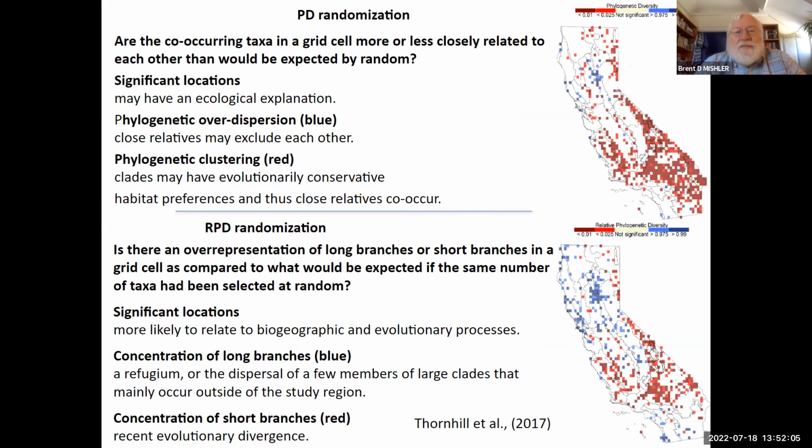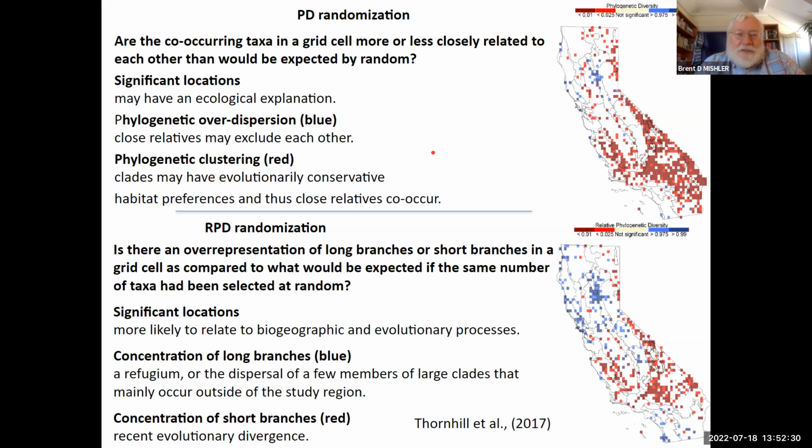A place that's in blue in the upper right map is a place where distant relatives are living together, whereas the areas in red in the upper map are where the PD is significantly low, or close relatives are living together, which also may have an ecological explanation if there's certain traits that help you live in the desert.